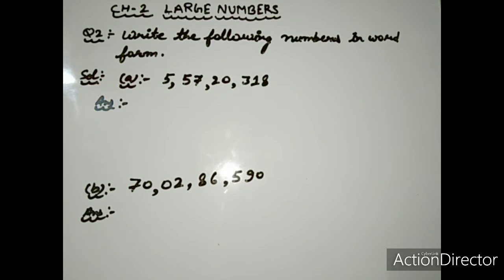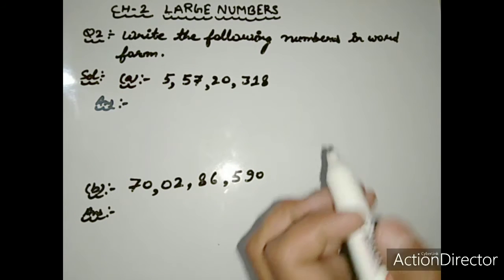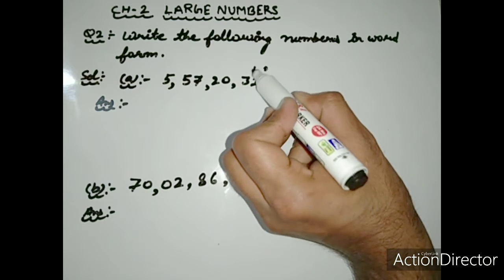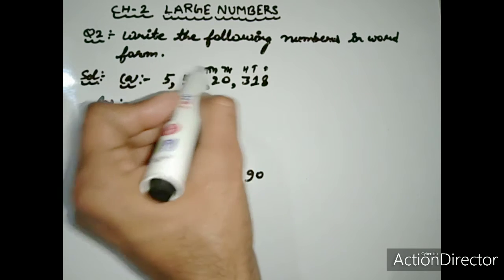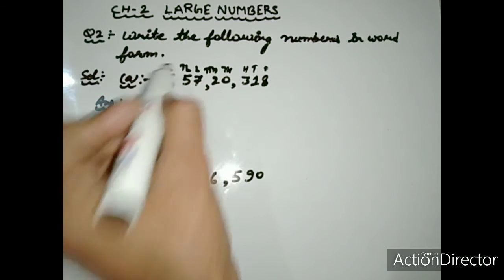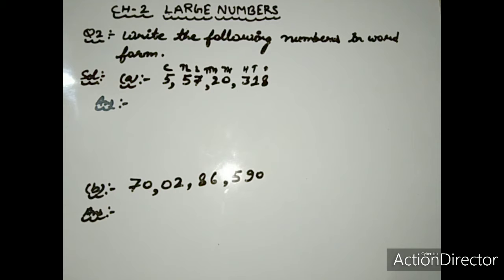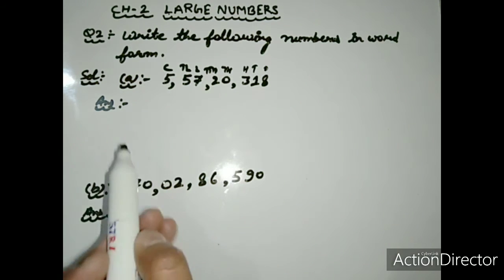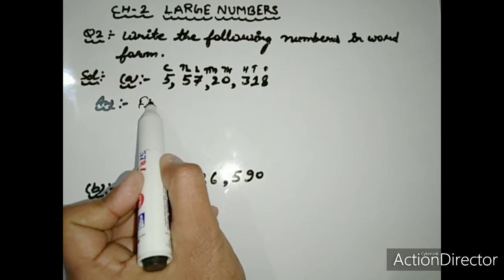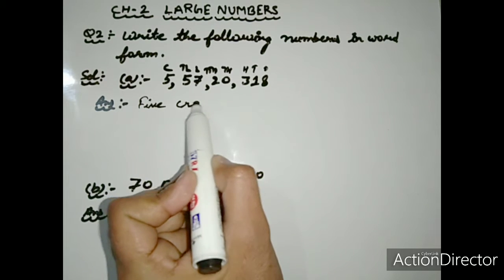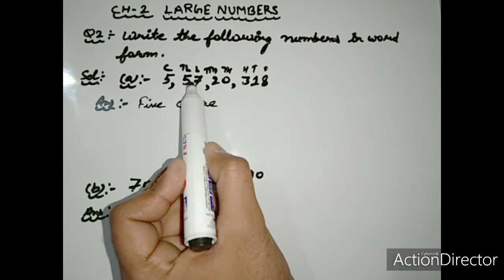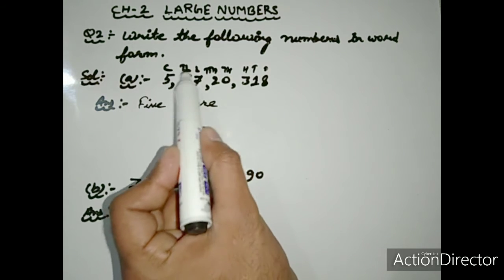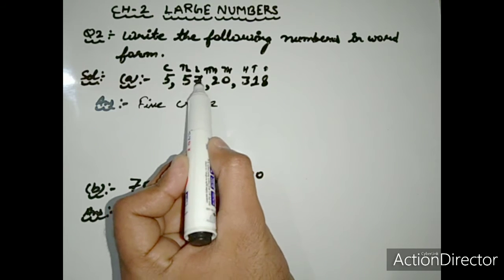So here we write the following numbers in word form. We also use the place values: ones, tens, hundred, thousand, 10,000, lakh, 10 lakh and crore. 5 in the crore place, so we write 5 crore. 5 in the 10 lakh place and 7, so we read the lakh place and lakh period together as 57.